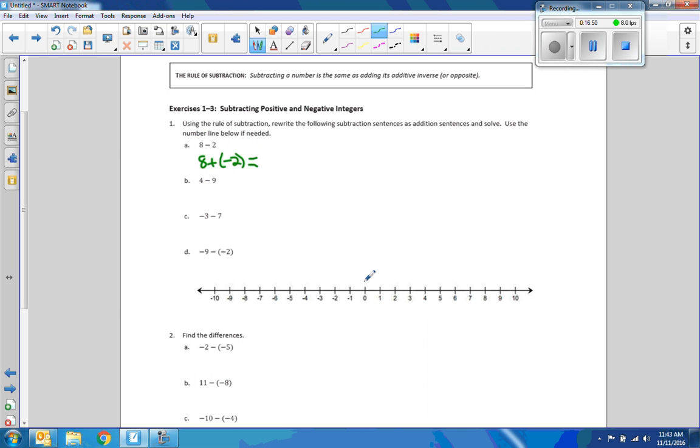So if I use the number line here, I'd go over to 8, I would take away 2, and I'd end up at 6. Okay? You try the rest, pause this video, see if you can do them, and when you're ready, hit play again.